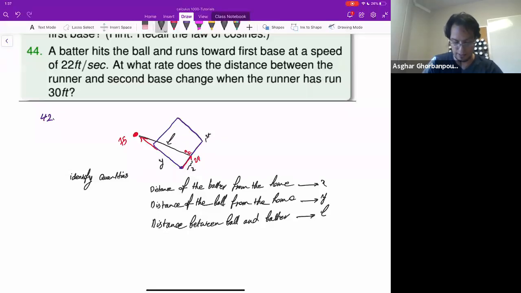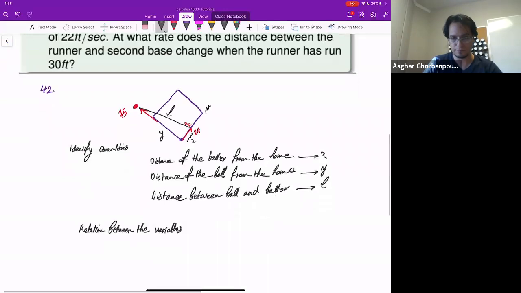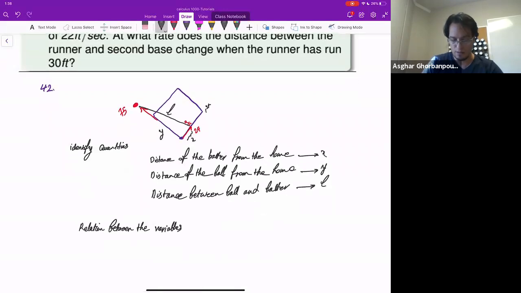This is Pythagorean. So this is the third step, which is to find the relation between the variables. Here, the Pythagorean theorem says that L squared equals x squared plus y squared.